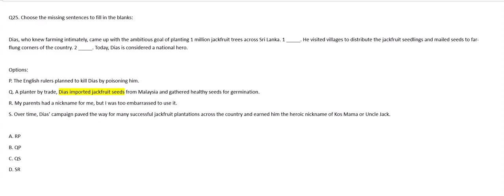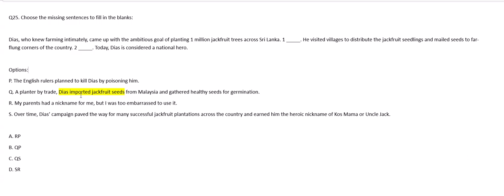Third sentence, he distributed all the jackfruit seeds. Okay, what sentence has to come in between? He has imported the jackfruit seeds from Malaysia, and after importing, he distributed them to all the corners of the country. Okay.